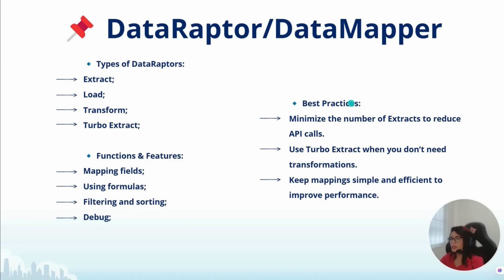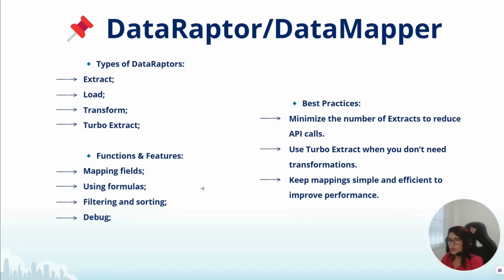About DataRaptors, we have four kinds of DataRaptors. We have the extract one that retrieves data from Salesforce. We have the load that saves data into Salesforce, so you can create and update data.